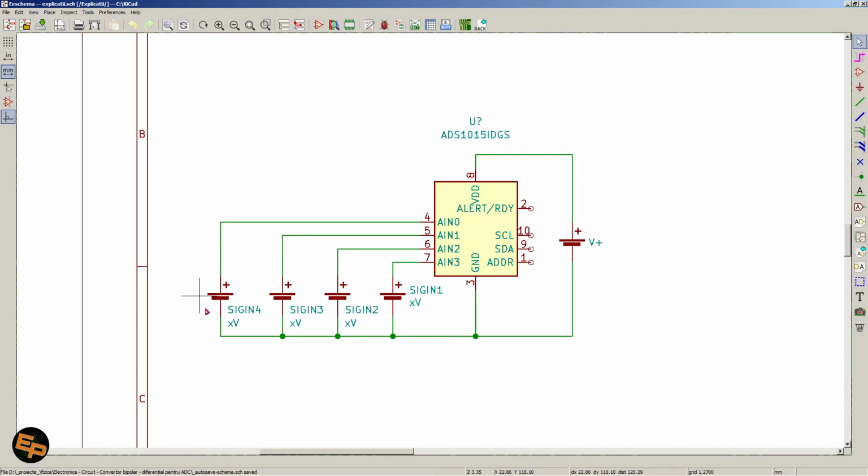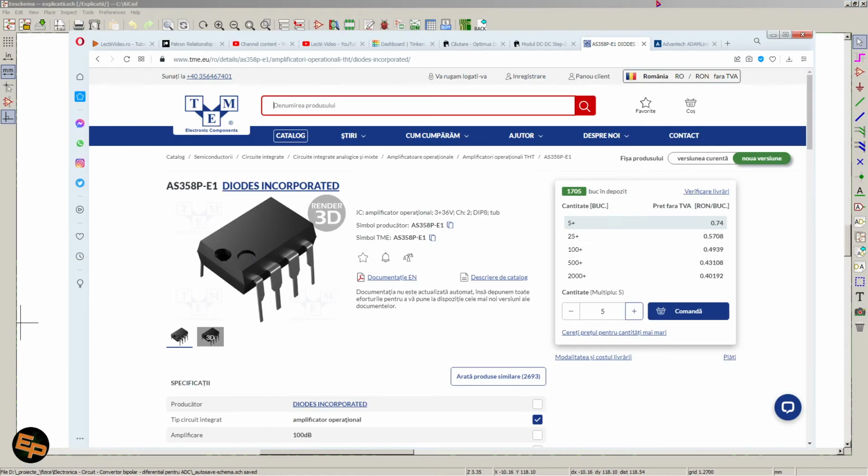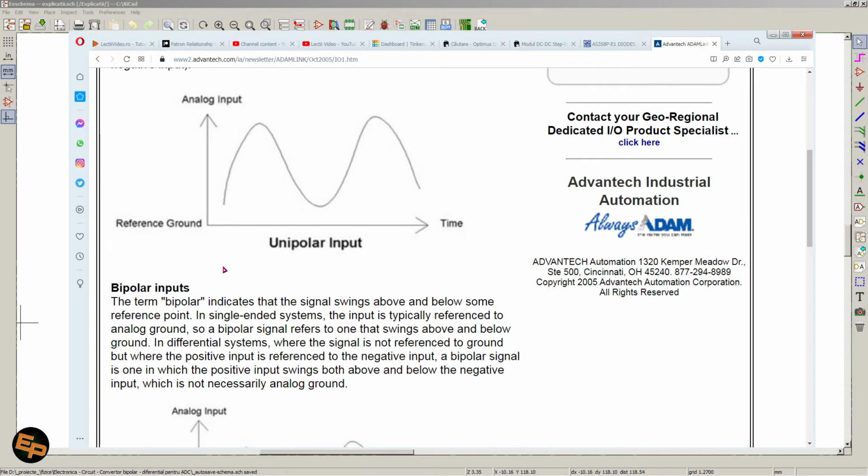Now, if we have unipolar signals, and by the way, to make things a bit more clear, unipolar signals is when all voltages or all the values have a single sign, typically plus. In other words, all the values that we are having in our signal are most of the time positive or just negative with respect to a certain ground.